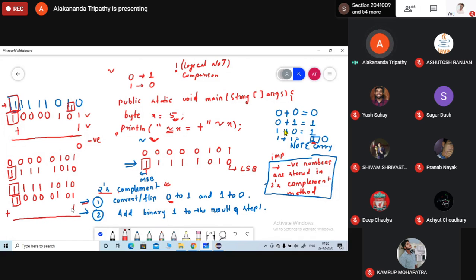प्लस कितना ऐड करेंगे? One. यहाँ पर क्या लिखा है? Add binary one to the result. बाइनरी 1 ऐड हुआ. ठीक है. So 1 plus 1, when we are adding binary 1 plus 1, मेरा रिजल्ट क्या आएगा? 0 कैरी 1. तो यहाँ पर हो गया मेरा 0 कैरी 1. सो अभी 1 plus 0 कितना आ जाएगा?